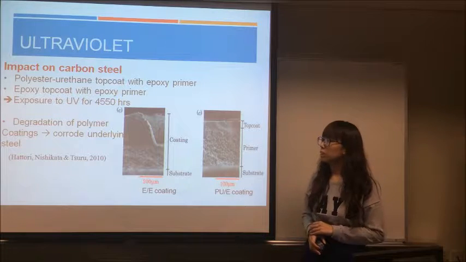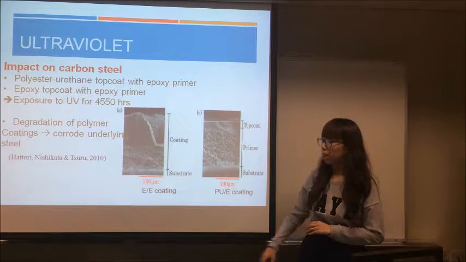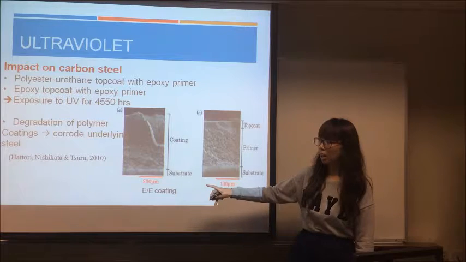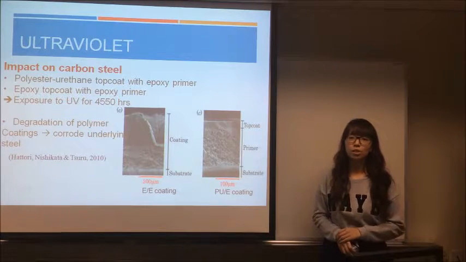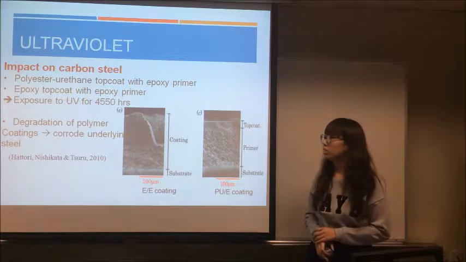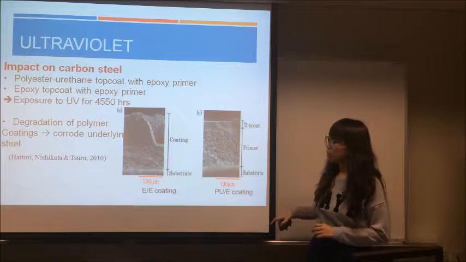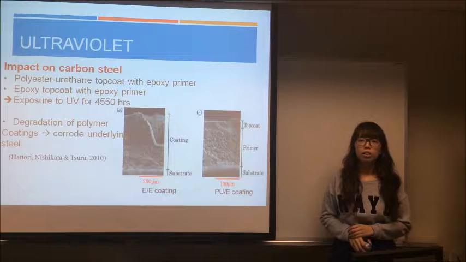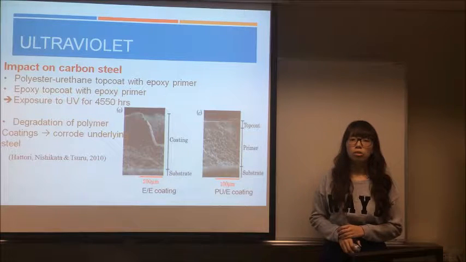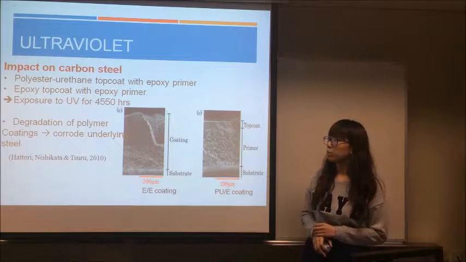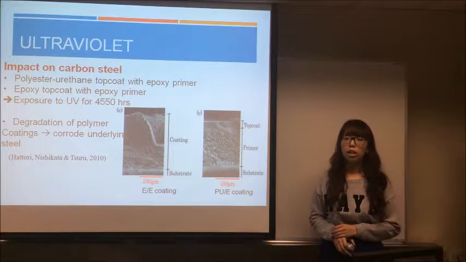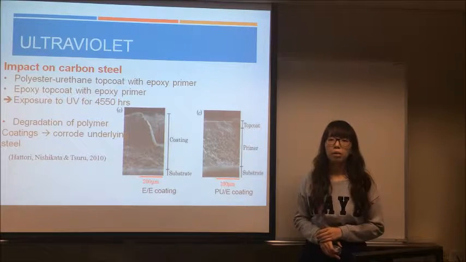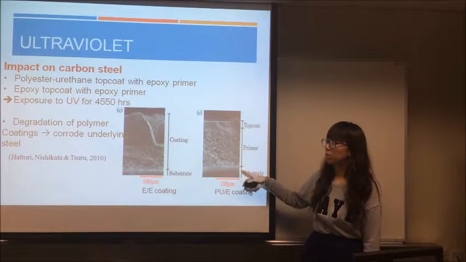In the experiments conducted by Hattori and his colleagues in 2010, the top coat of the PUE coating is slightly coarse after the exposure to UV for 4,500 hours, while the primer microstructure is little damaged.